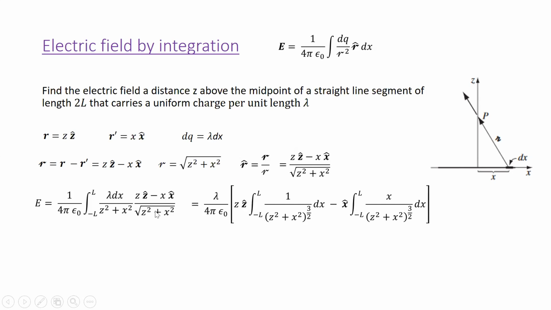So we're left with this integral over x, and then minus x hat times this integral over x. Okay, so this is getting a little bit technical. The main importance is in setting up, starting with this basic expression for the electric field and setting up the problem like we've done here, but we're going to continue onward.